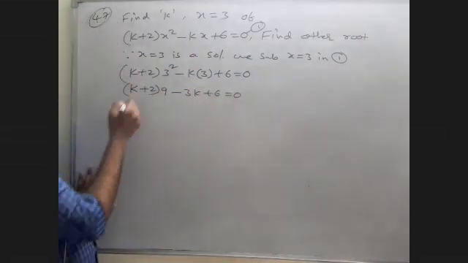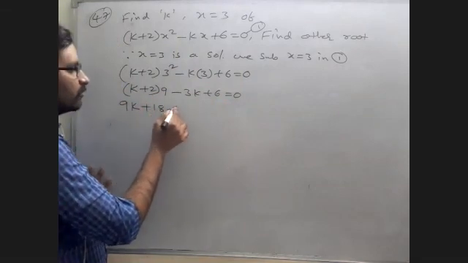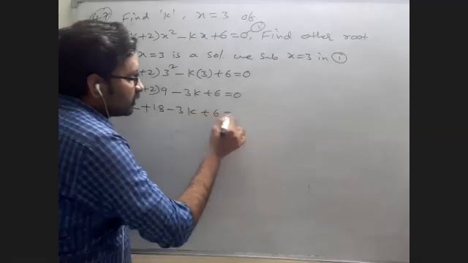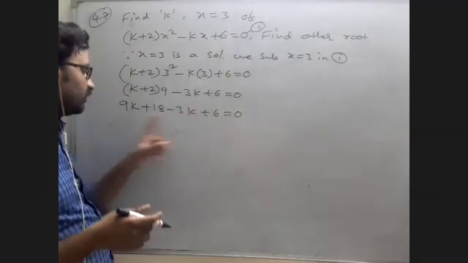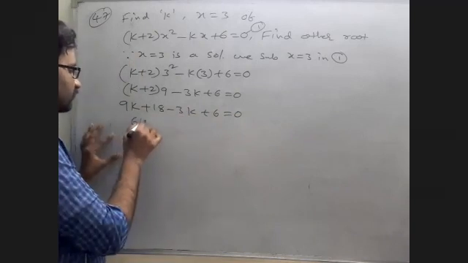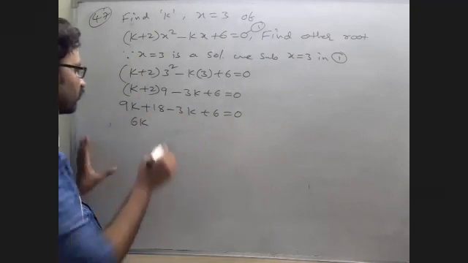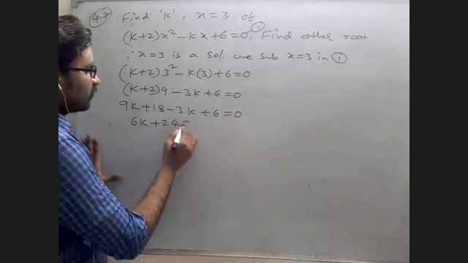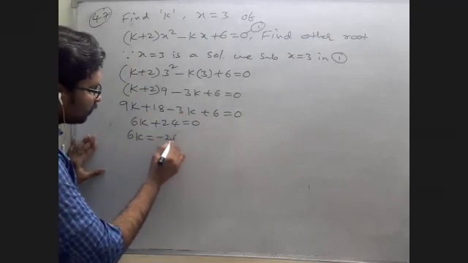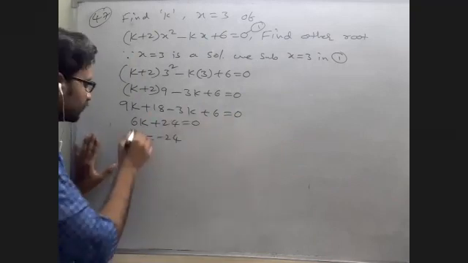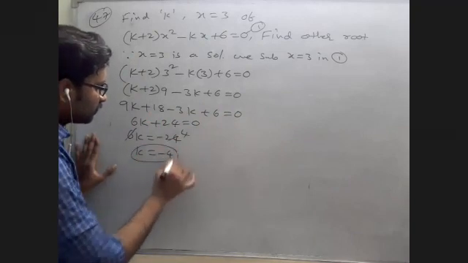Now simplification, 9 into k, 9k, 9 twos are 18, so 9k plus 18 minus 3k plus 6 equal to 0. Now we can find the k value very easily. 9k minus 3k will be 6k. 18 plus 6 will be 24, plus 24 is equal to 0. Now 6k is equal to minus 24, taking to the right side. And 6 ones are 6, 6 fours are 24, then the k value is minus 4.